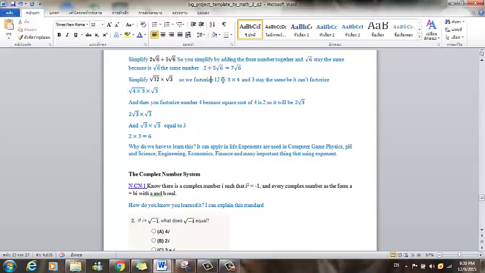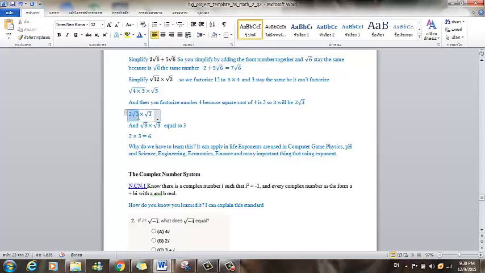Then root 4 is 2, so root 12 becomes 2 root 3.